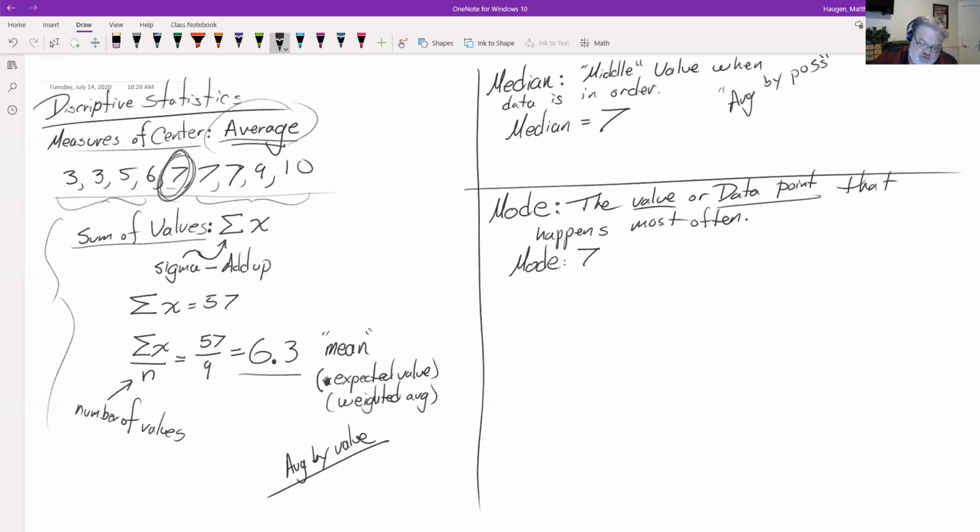But if they were all different, let's say this was a 7.1, a 7.2, and that was a 3.2, okay, then there's just no mode. And that's all right. So oftentimes, particularly when we're dealing with continuous data, it's very common for there just not to be a mode. And that's okay.